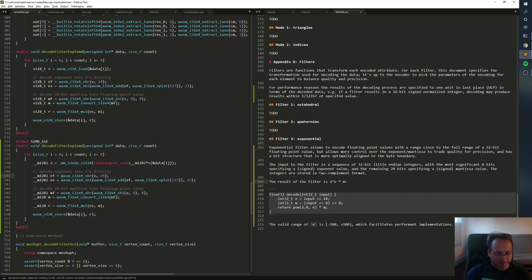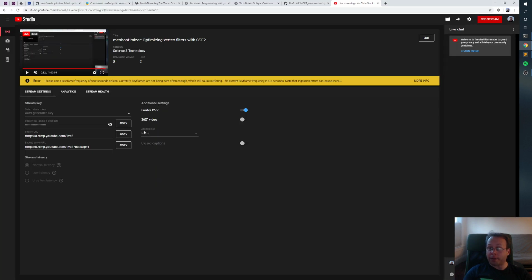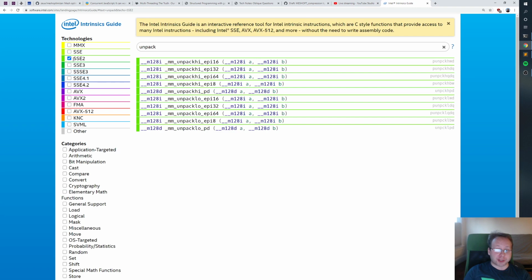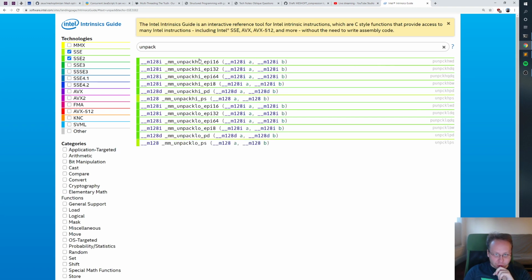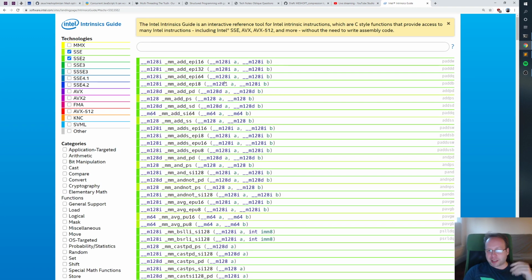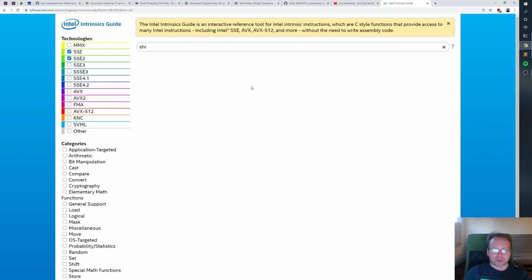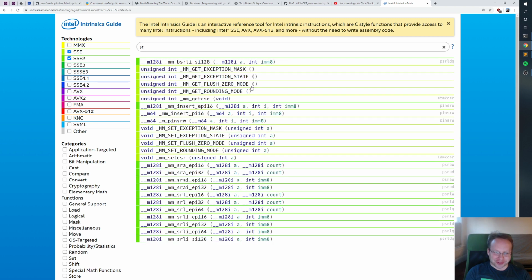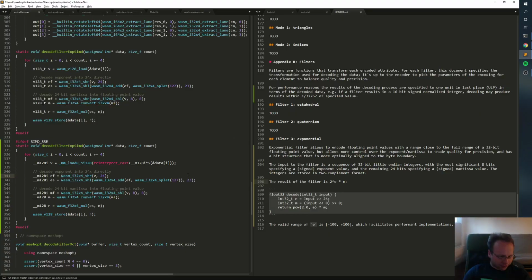but whatever. Usually when I write SSE code, I use this beautiful intrinsics guide that Intel has put up. It's a web page where you can search for things that you might need. So you can say, okay, I need shift right. Well, okay, it doesn't work. I need shift right. And you can pretty quickly find it.